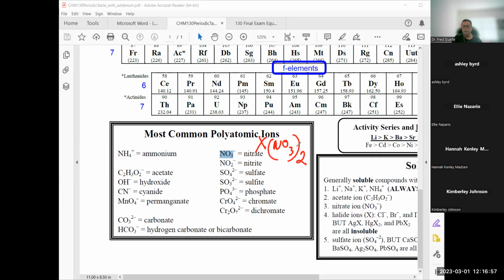We don't separate them. We don't just double up the nitrogen and double up the oxygen, but that is the unit. It has its own specific name. That was called nitrate. Then you also have a nitrite. And the same is true for the oxygenated sulfur, the sulfate and the sulfite.